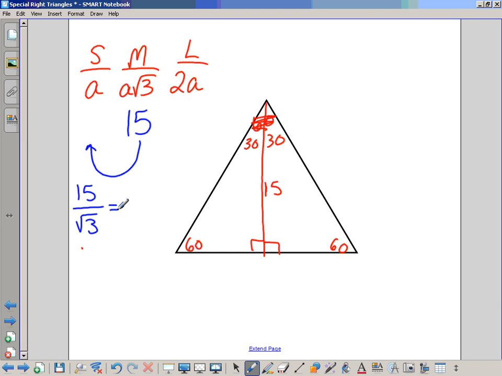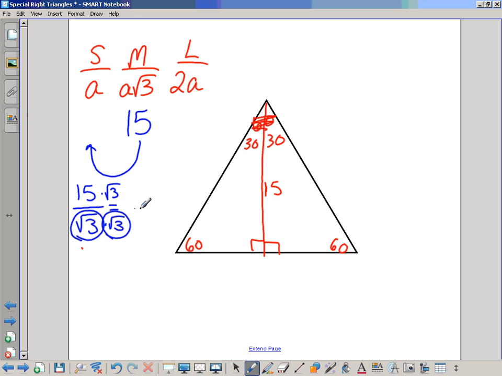Okay? And when you divide by the square root of 3, I'm going to require you to rationalize the denominator. That means multiply top and bottom by the denominator that you're trying to get rid of. We don't want the square root of 3, so we multiply by it. When you don't want something, you give it another one, and it'll kind of cancel itself out.